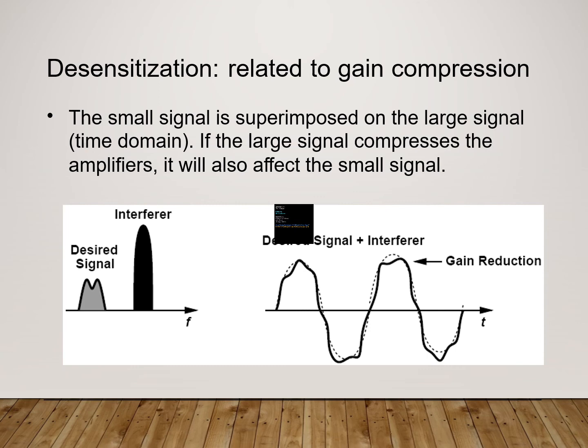Desensitization is related to gain compression. Think about gain compression like a small signal superimposed on a large signal in the time domain. If the large signal compresses the amplifier, it will also affect the small signal, so there will be a gain reduction. So the desired signal plus the interference will look like this.